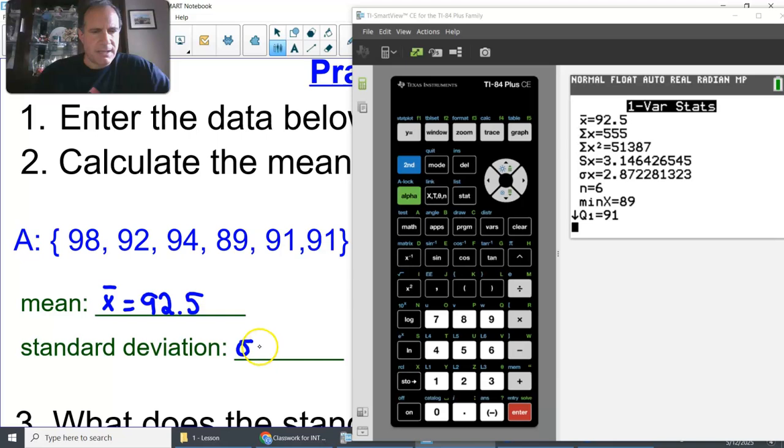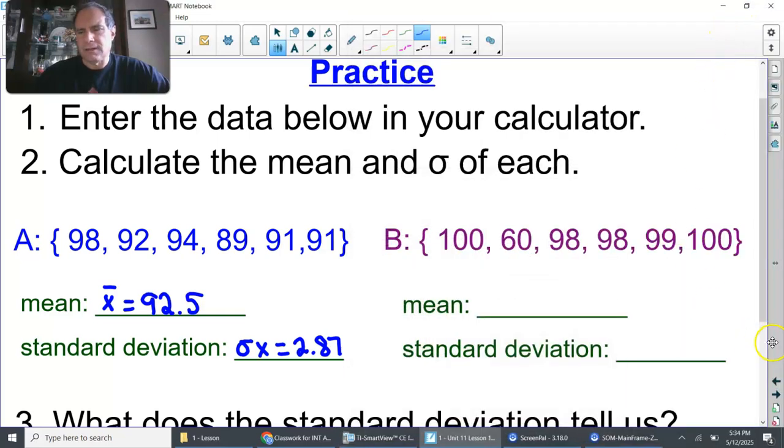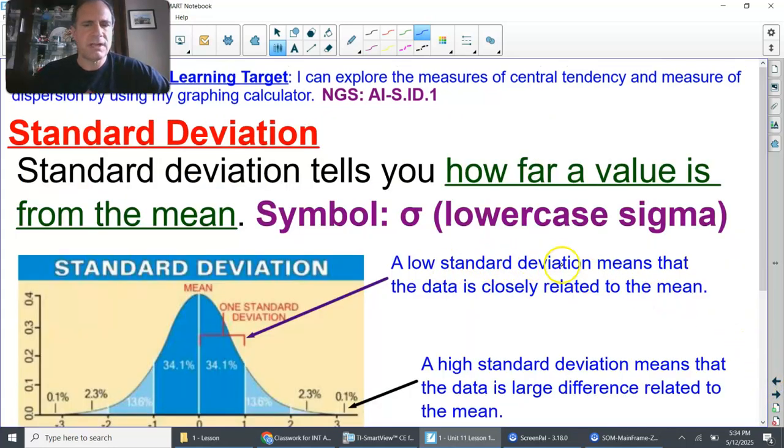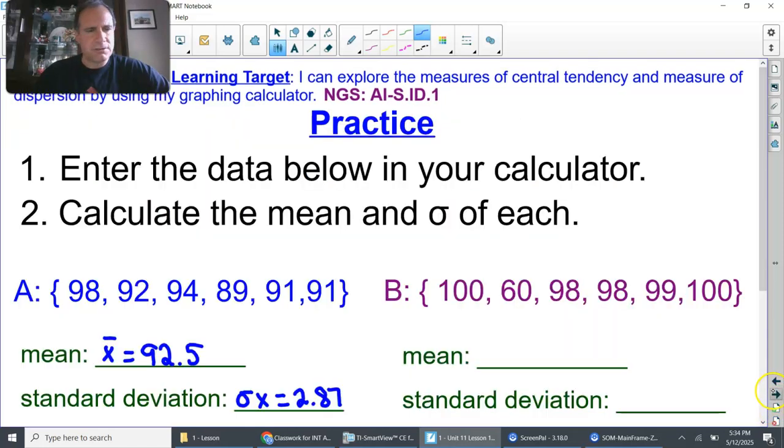So sigma x is equal to 2.87. Now that is a small standard deviation. Going back to this list here, a low standard deviation means that the data is closely related to the mean. So just take a look at what we have here for the first.